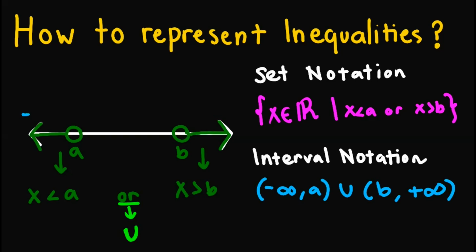So negative infinity out here to A, then B out here to positive infinity. So like that. And similar to our previous examples, if we include this one, then this becomes an equal to. We add an equal to out here, and we change this one to a square bracket.